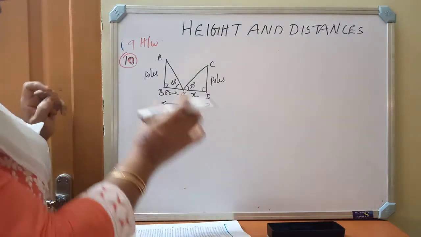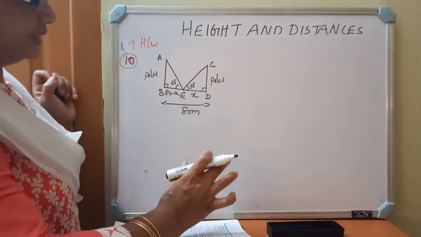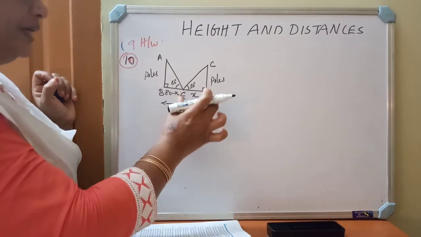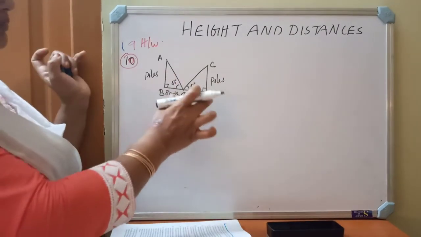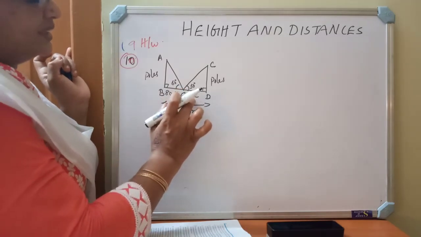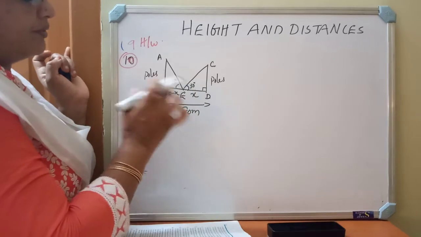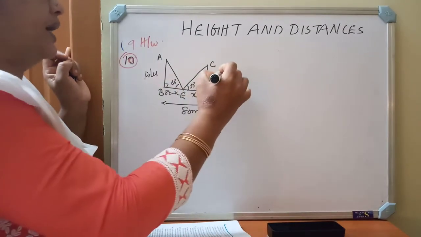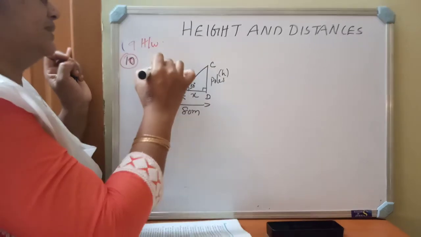Consider both right triangles and find the values of BE and ED, and from that we will get the value of x. The pole's height we can consider as h.